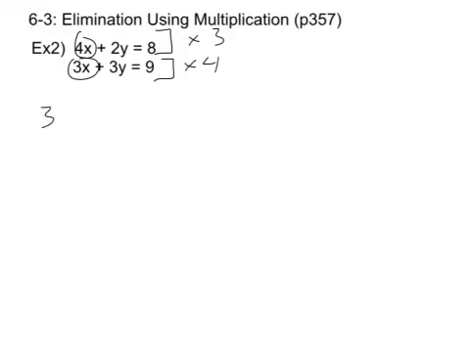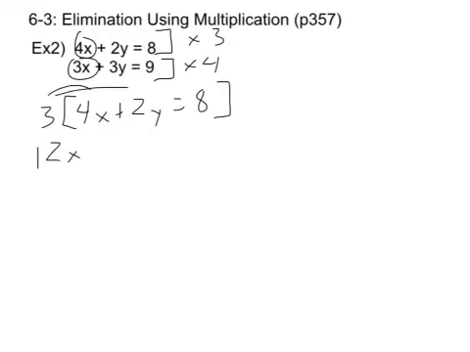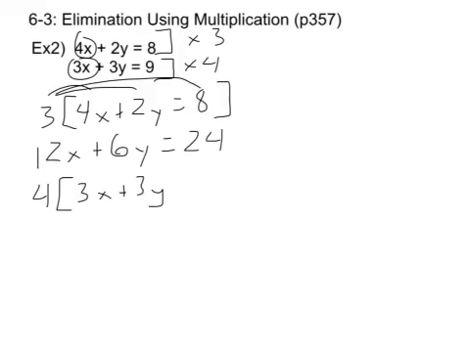So I'm going to do 3 times 4x plus 2y equals 8. I distribute the 3. 3 times 4x is 12x, 3 times 2y is 6y, equals 3 times 8 is 24. My second equation, I do 4 times 3x plus 3y equals 9. 4 times the 3x is 12x.